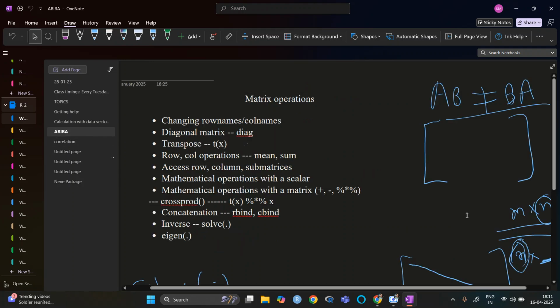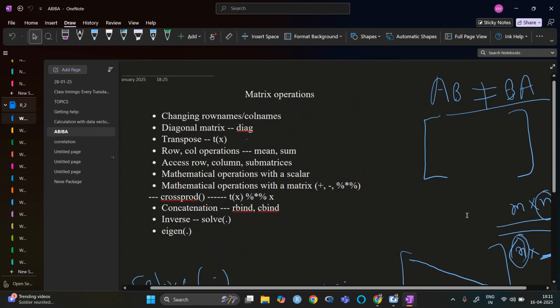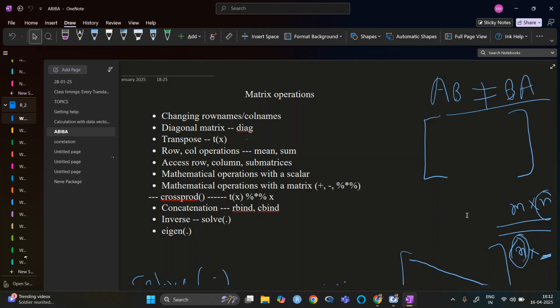Now, the matrix operations. Firstly, you need to know how to define a matrix. For that, you need to give the data, and the number of rows and number of columns in your data. Based on that, you can define your matrix.